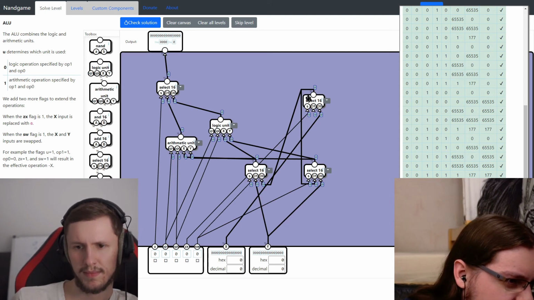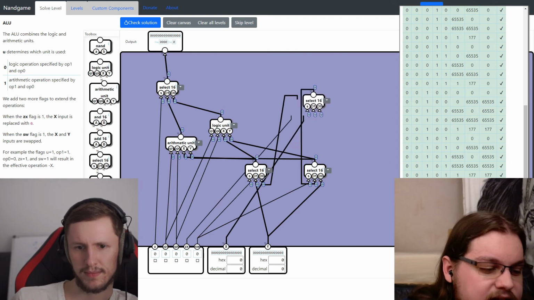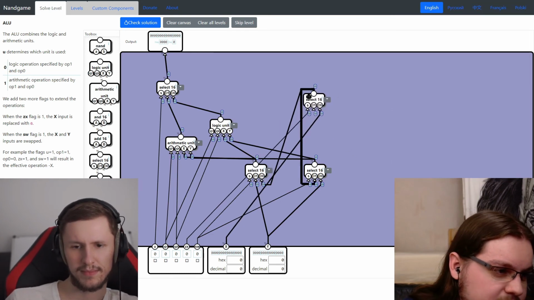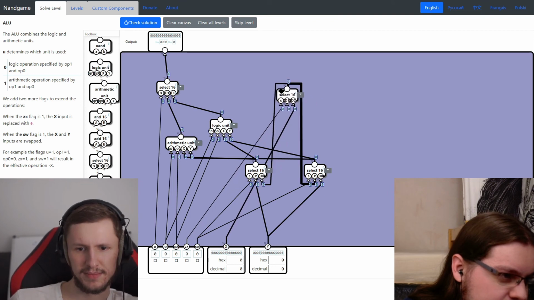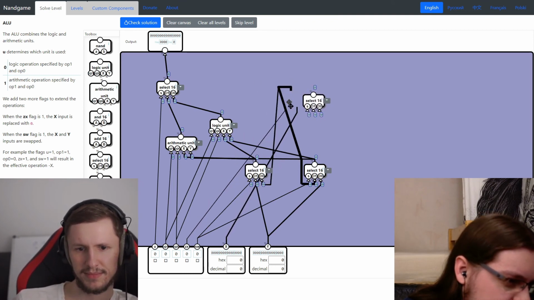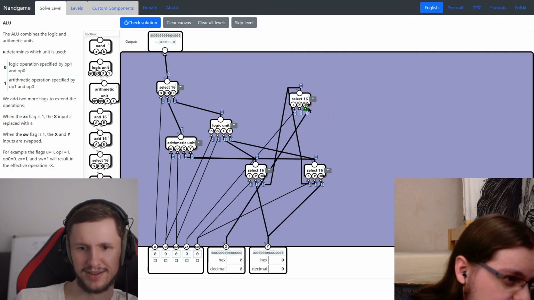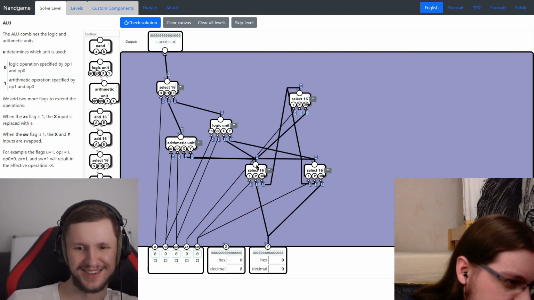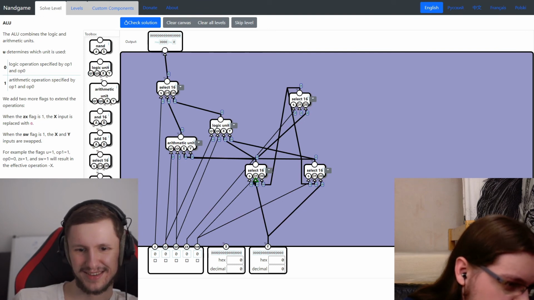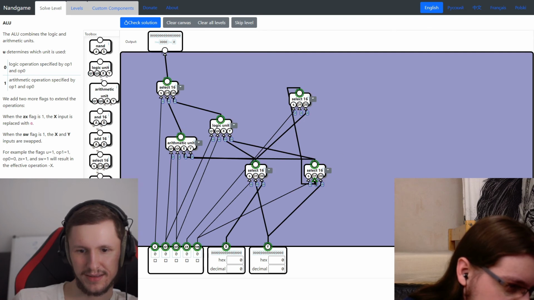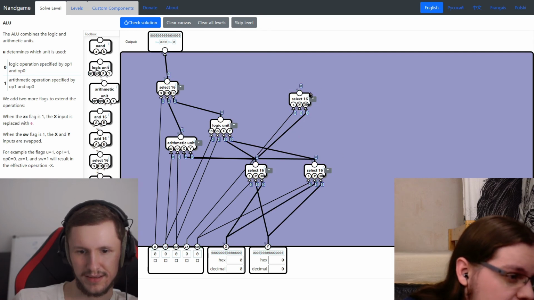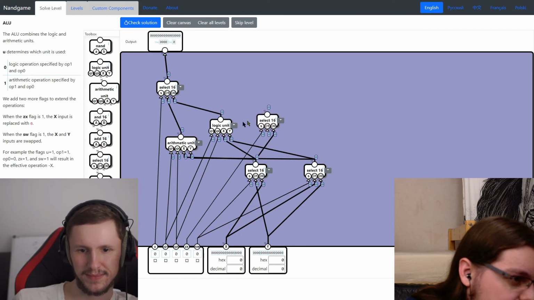Yeah, honestly, this is pretty hard to make sense of, but I suspect that this should actually take its X from here, and these should then take their X, which in this case is this one, from the actual X. This one should take its X from the actual X. And then these should take their X from up here.